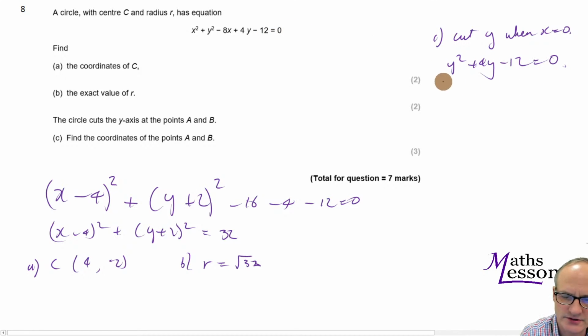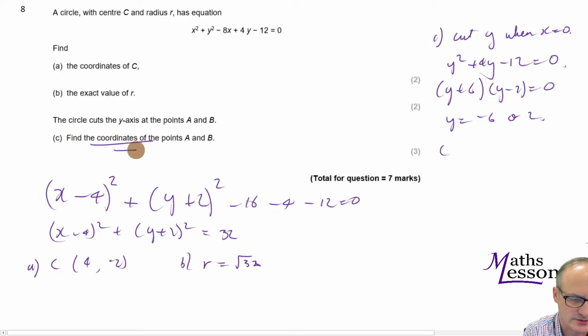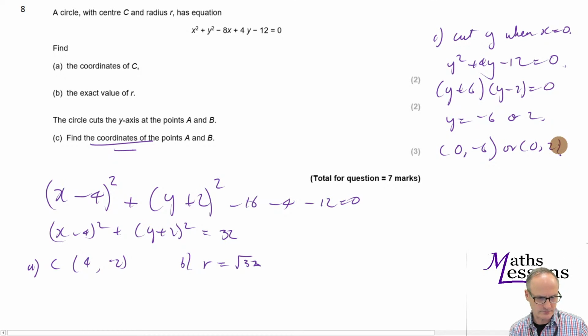And then we can factorize that to get y plus 6 and y minus 2. And therefore y will equal minus 6 or 2. So the coordinates, notice it says coordinates, are going to be 0, minus 6 or 0, 2.